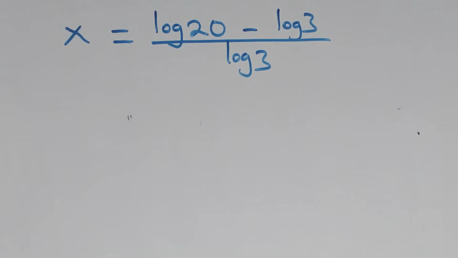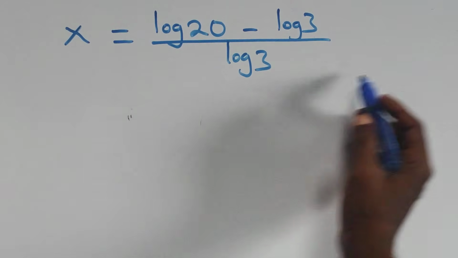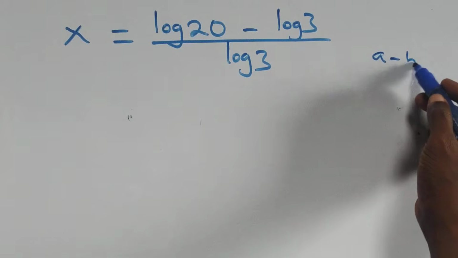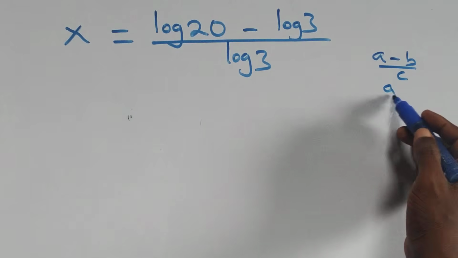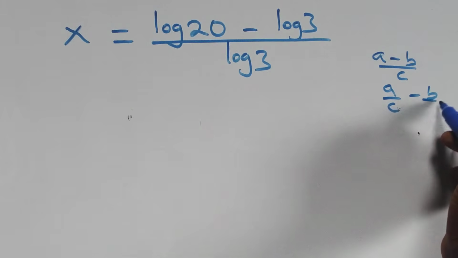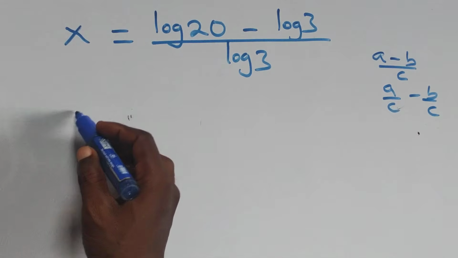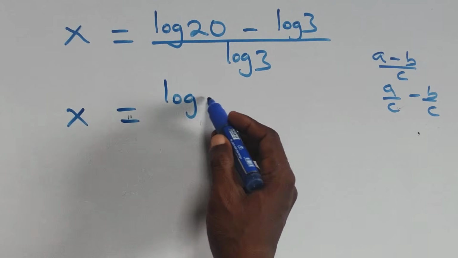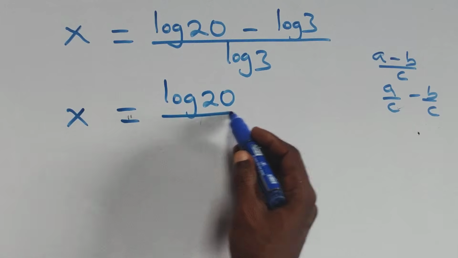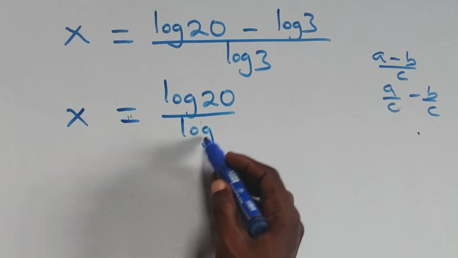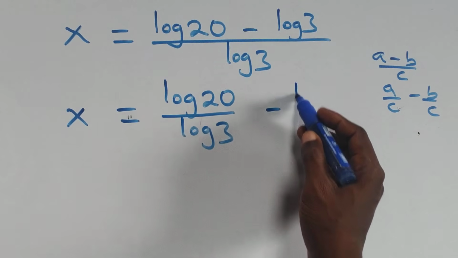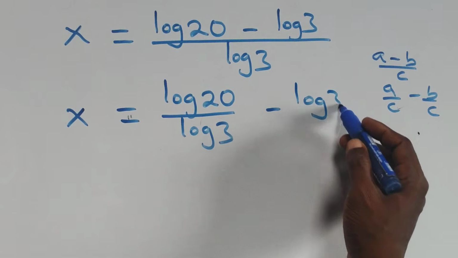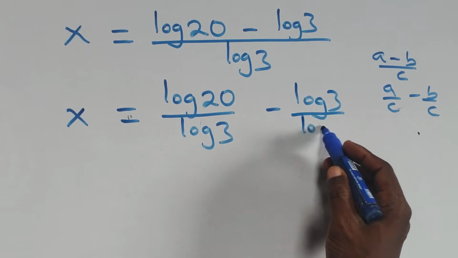Next step here, we separate this when we have a minus b over c, and write this as a over c minus b over c. So that here we have x equals to log 20 over log 3 minus log 3 over log 3.